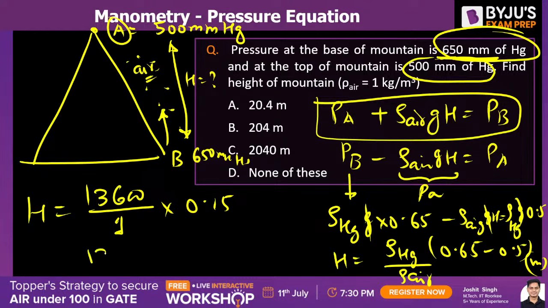So it is 136 into 15 meter. How much is that? 136 into 15 meter. What is the answer? 2040 meter. Option C will be the correct answer.